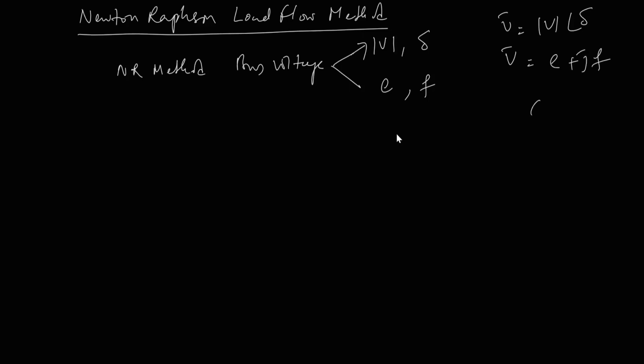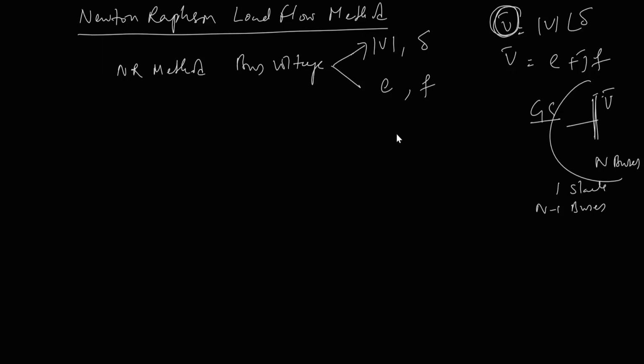So in the Gauss-Seidel method, we have taken the bus voltage directly as a complex voltage phasor, right? So altogether we had in a system n buses. One is the slack, defined, and n minus 1 buses are there.